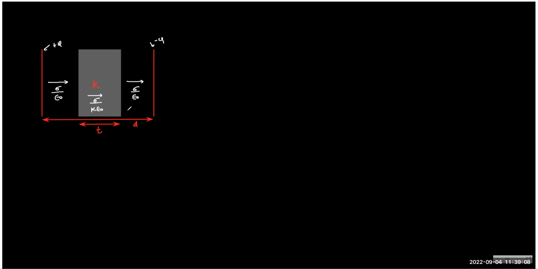Then you can add the delta V. Delta V is how much? Sigma by epsilon naught is occupying the length D minus T, and sigma by K epsilon naught is occupying the length only T. So this is the potential difference. Do you realize this? Yes or no?